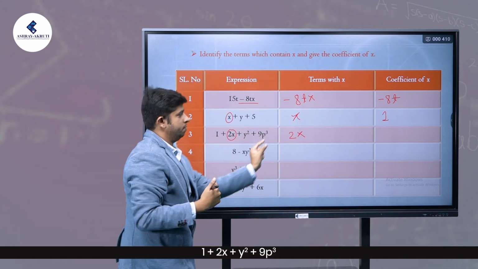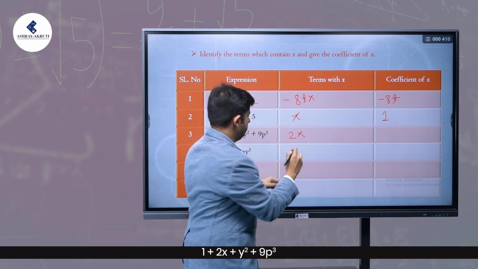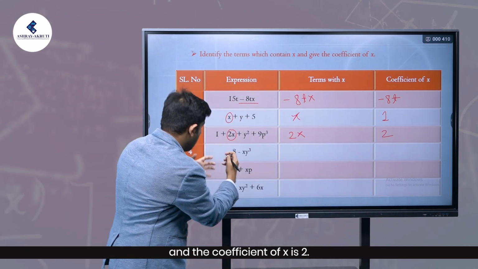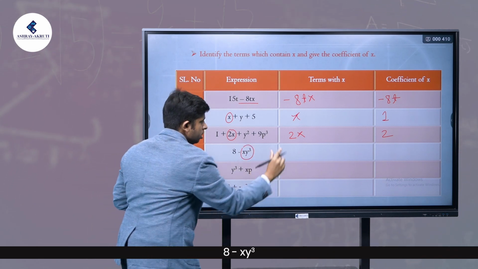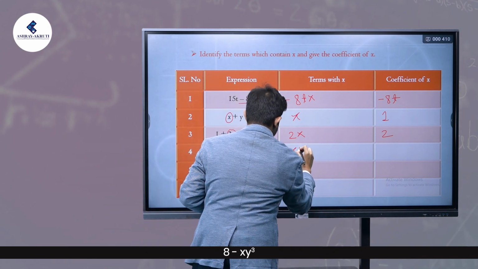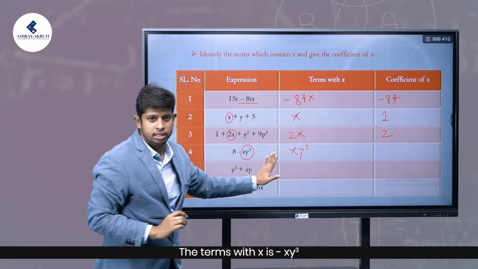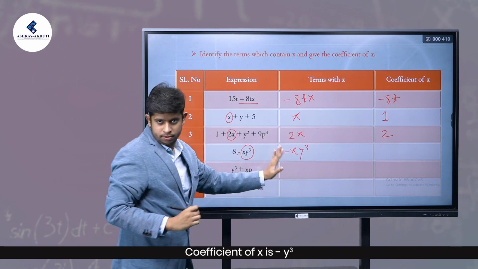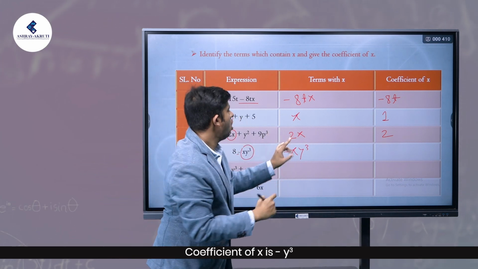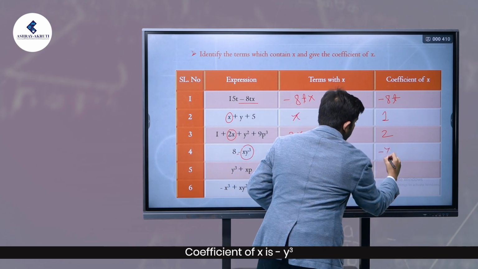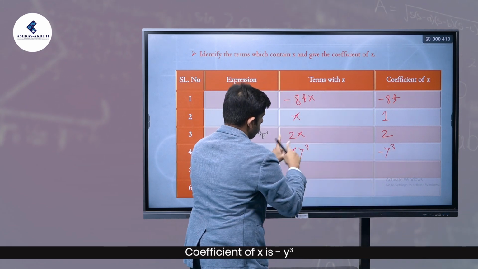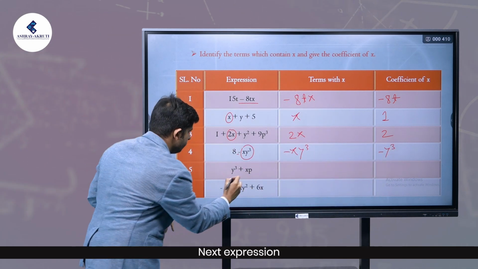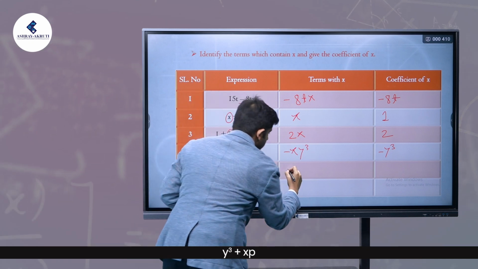Third one, 1 plus 2x plus y square plus 9p cube. The terms with x is 2x and the coefficient of x is 2. Next expression, 8 minus xy cube. The terms with x is minus xy cube. Coefficient of x is minus y cube. Next expression, y cube plus xp.